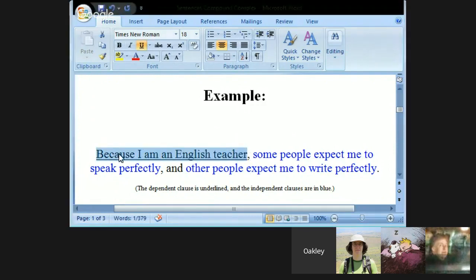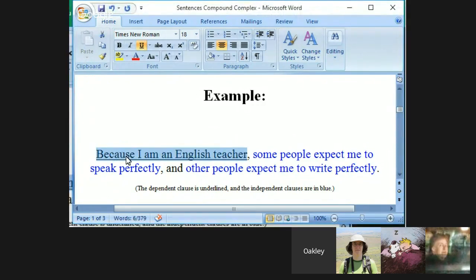So it's not a complete idea. If I just said by itself, because I'm an English teacher, it would not make any sense. Whenever, regardless of whether it's a complex sentence or a compound complex sentence, if you use the dependent clause first, you need to have a comma following the clause.